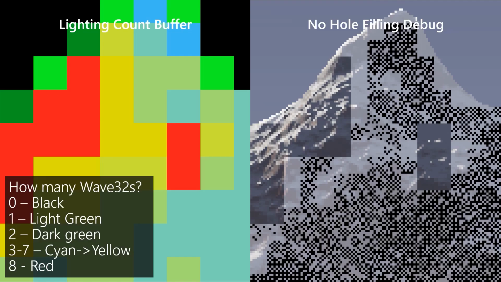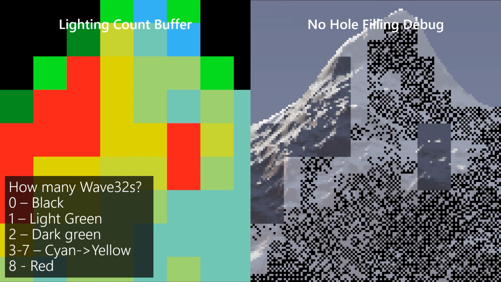So for completeness, here are the two debug visualizations for this same scene. On the left is the number of wave 32s required to light each 16 by 16 tile. And on the right, we have the debug mode where if I'm lighting a full rate tile, we get the values unmodified.